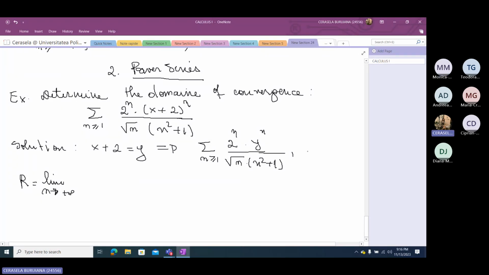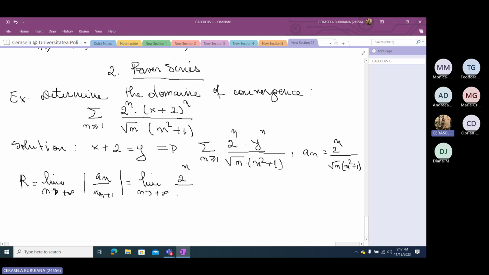Yeah, but the module of what? Of the nth root of this. Well, I think it will be more useful to use the one with the ratio. Yeah, exactly. It's better. I will put the module, but if you see a_n, it's positive, so actually we don't need it, but I write it, and then when I replace, I won't put the module anymore because I see that these terms are positive.